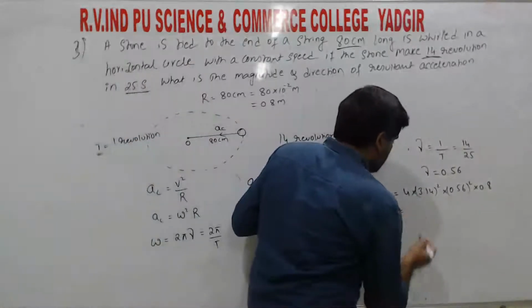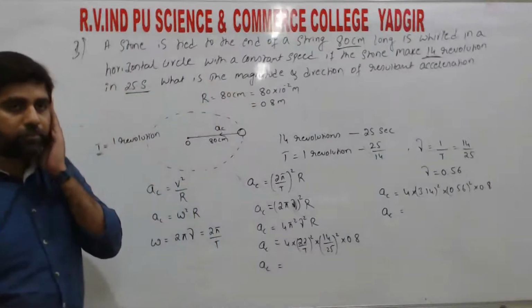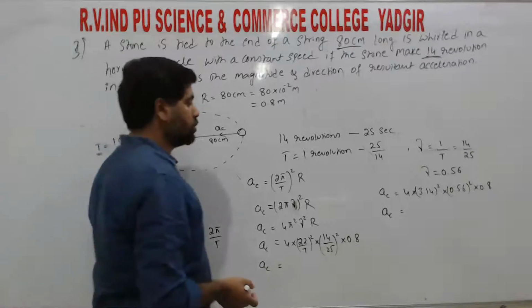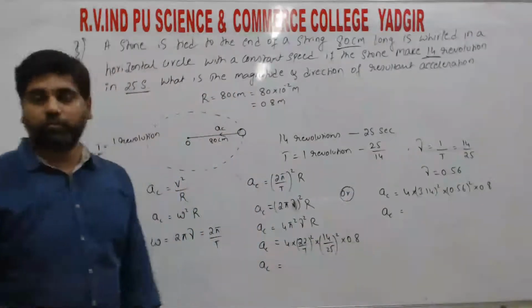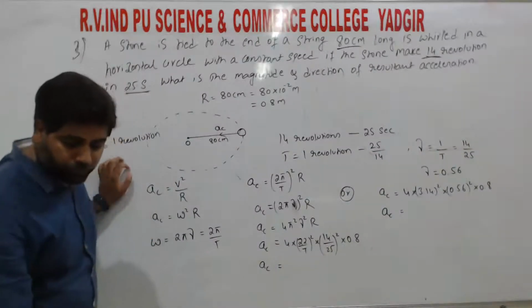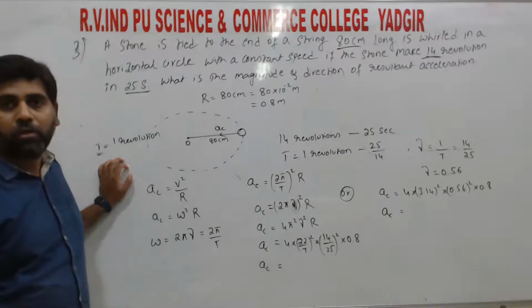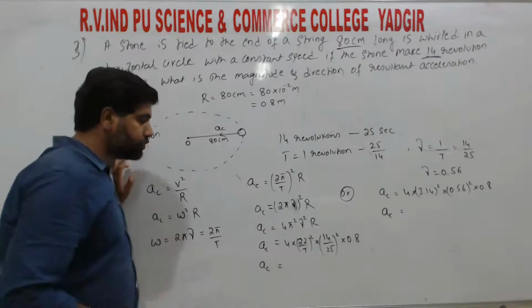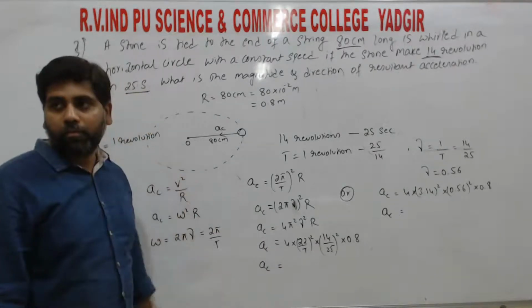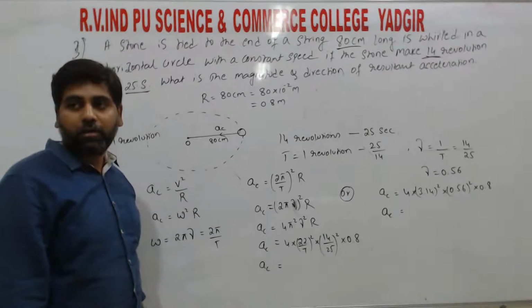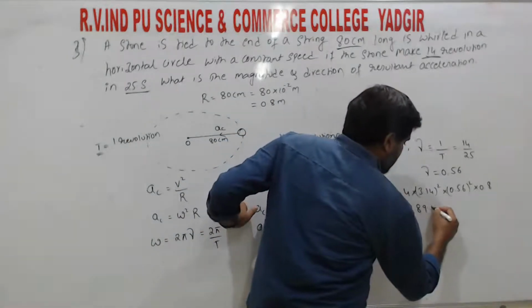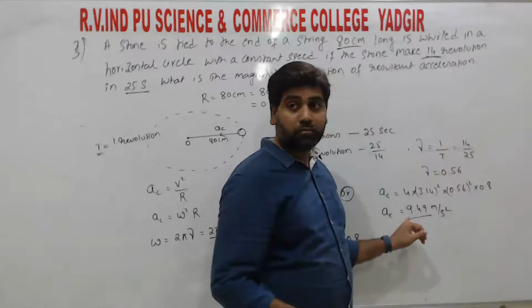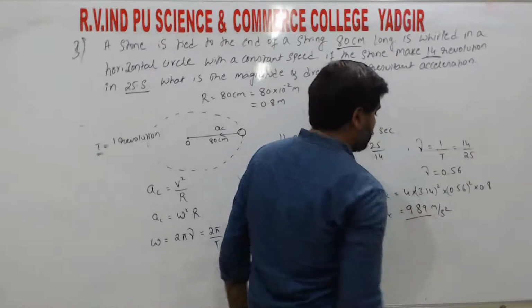So the answer for a_c is 9.89 meter per second square, right?